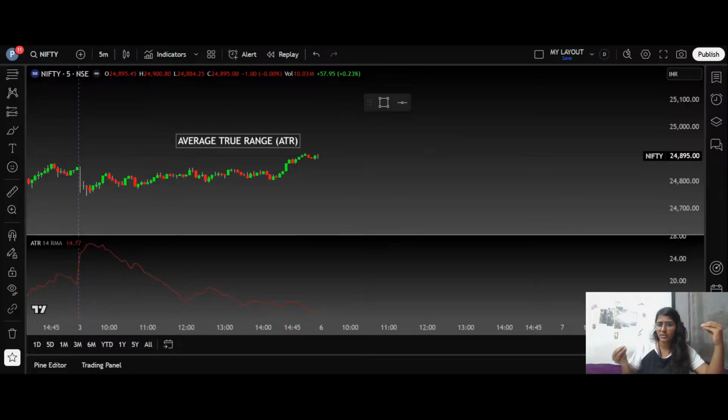I'm not going to tell you the process at this point, as we move forward I'm going to tell you. So think like this: with some process we find out how much this market is moving, and this indicator is basically a volatility indicator. In a volatility indicator we measure how much this asset, or maybe some stock, is moving. This is the work of the indicator we call average true range.